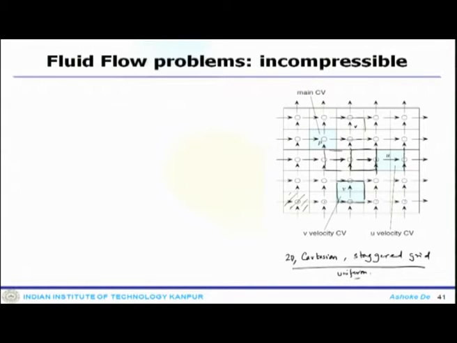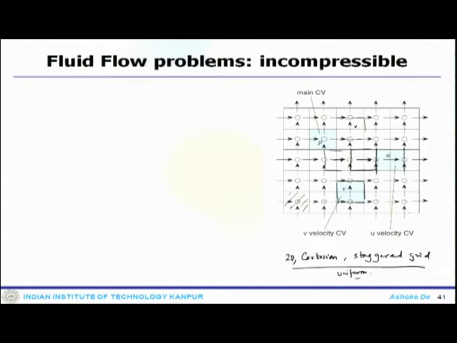Now, the staggered arrangement, to handle it inside the code, is nothing but handling the data structure, which means essentially once you keep track of these cell centers and the nodes, you just shift it by half a cell for u and half a cell for v.